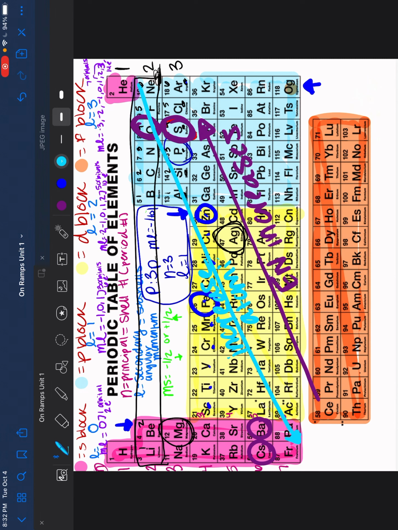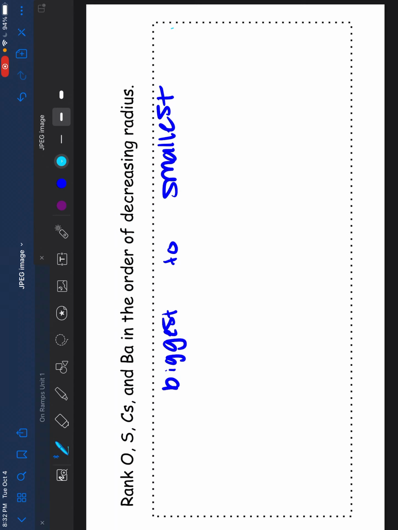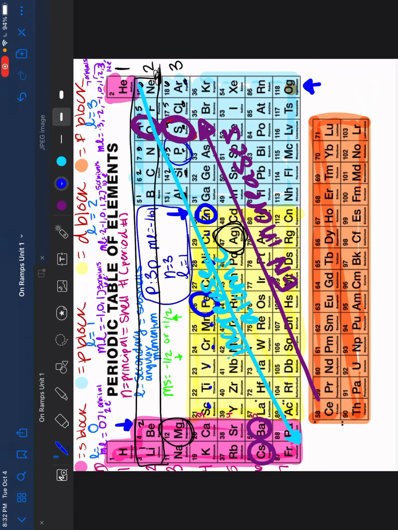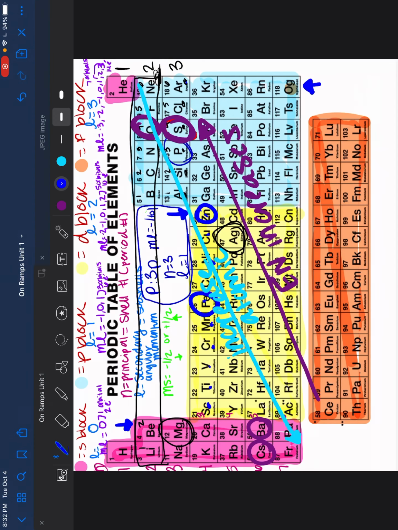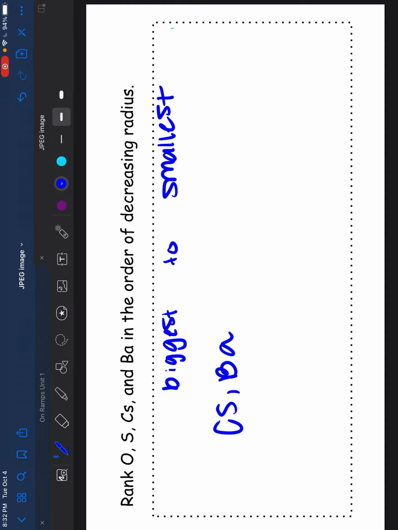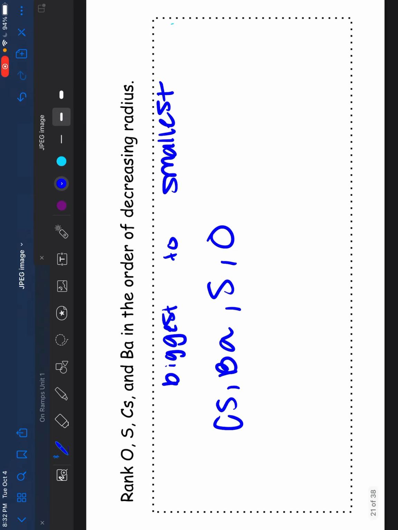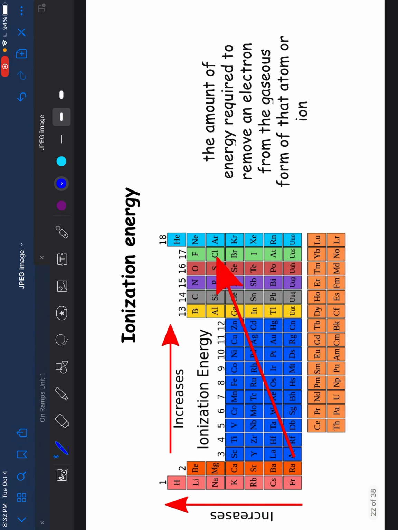Atomic radius. Okay, so I want the biggest atomic radius because I want to put it in decreasing order. So I'm going to put cesium first. That's the biggest because it's the furthest to the left and on the bottom. Then I'm going to put barium. Then I'm going to put sulfur. Then I'm going to put oxygen. Okay? Moving on.